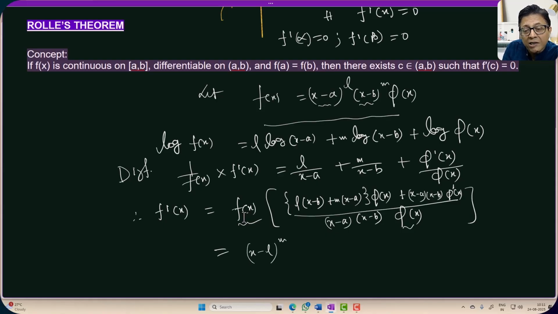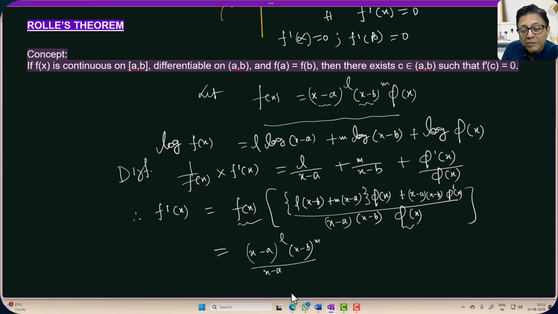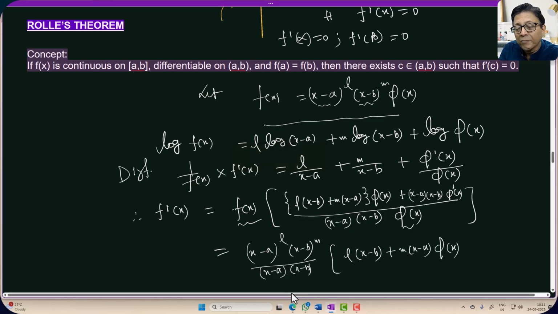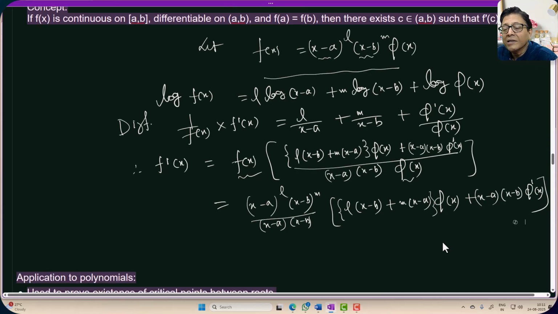So x minus a to the power L, x minus b to the power m, that x minus a, x minus b, and then L x minus b, m x minus a, phi x, plus x minus a, x minus b, phi dash x. Clear? And in the next step, what will happen?